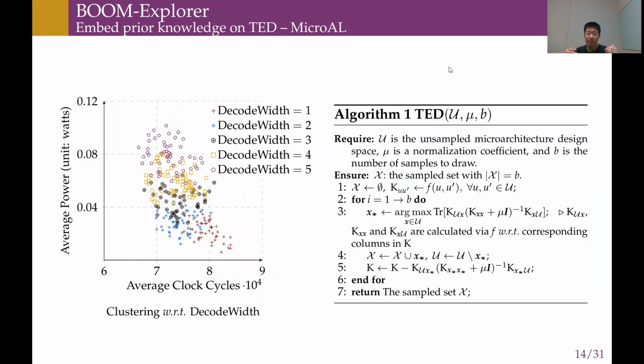So how can we embed prior knowledge in the experiment design? In the left figure, as you can see, we find that if we sample microarchitectures with respect to decoding width, that means if we fix the decoding width at one value and sample the microarchitectures along this, then they form a potential Pareto curve along this two-dimensional power and performance space.